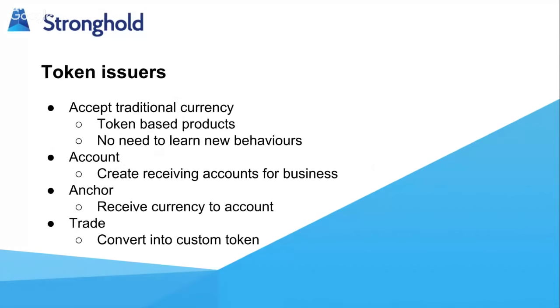However, those are new behaviors that some users might have to learn. Sure, a lot of them will be crypto savvy, but you may be alienating a large part of your potential market if you don't let them interact directly with a traditional currency. And actually, getting hold of those tokens can be quite difficult, depending on your token's liquidity, the KYC steps needed to actually have an exchange account.